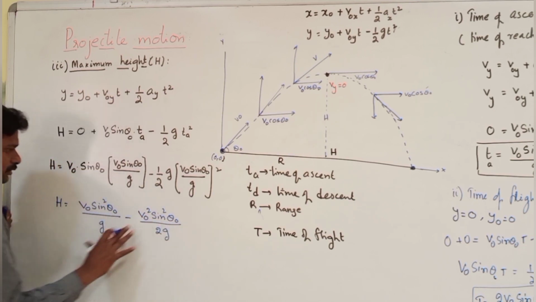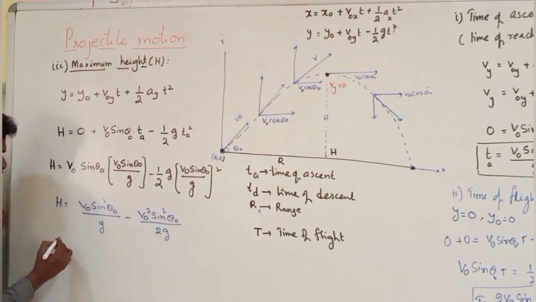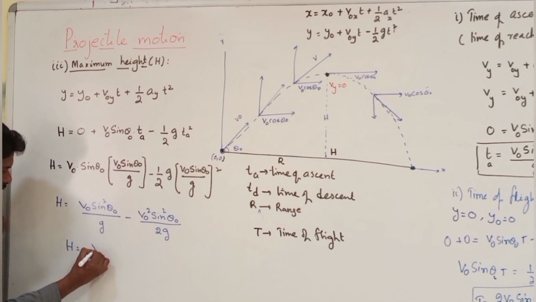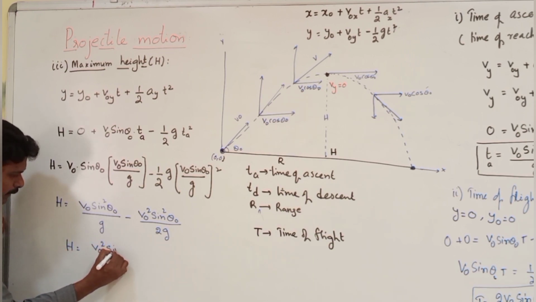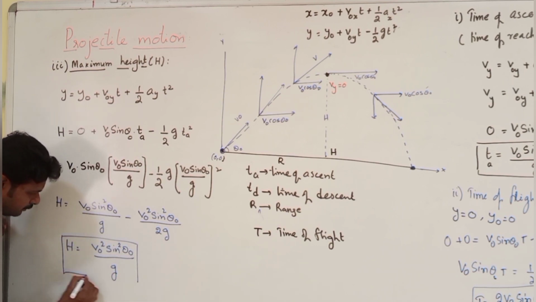If you take common v naught square sin square theta by g, 1 minus 1 by 2, you will get 1 by 2. So H is equal to v naught square sin square theta naught by 2g. This is called the maximum height.